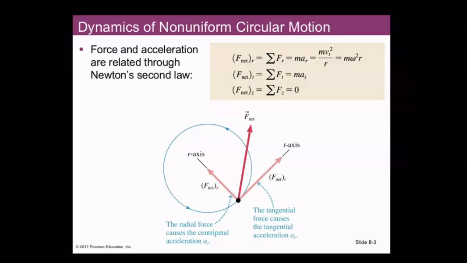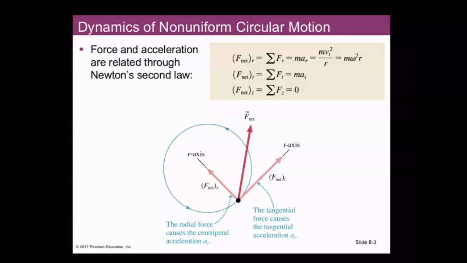We can break the force law up into components. A radial component, which is the sum of the forces along the radial direction, is equal to the mass times a sub r, which is the centripetal acceleration, which is equal to the mass times the tangential velocity squared over the radius r, which we know is equal to m omega squared r.